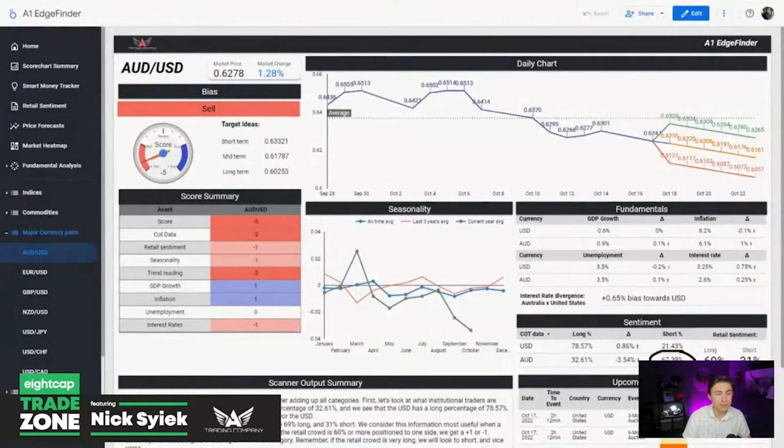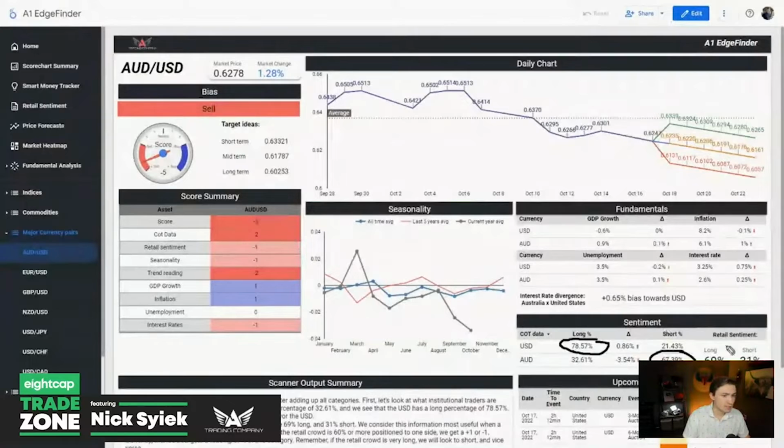So that ratio of hedge funds being very heavily on the net short side of things is really interesting. We have also, of course, the inverse for the dollar, which we keep talking about, a 79, roughly speaking, percent long ratio on the dollar. So definitely the dollar being the favorite of the two currencies right now in terms of hedge funds and big players, smart money, whatever you'd like to call them.